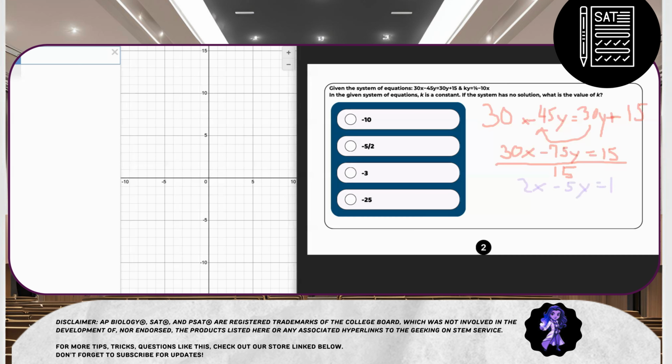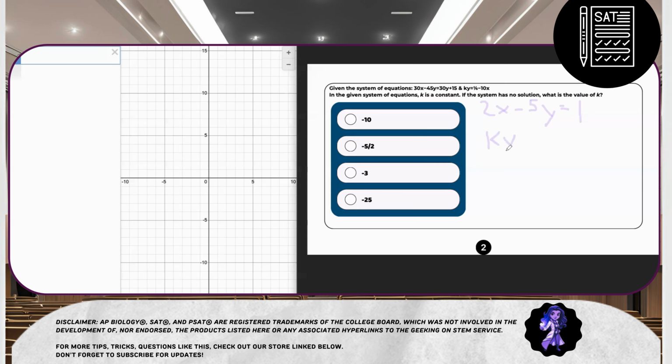I'm going to erase this for a second so you can see the final equations side by side. So we had 2x minus 5y equals 1.